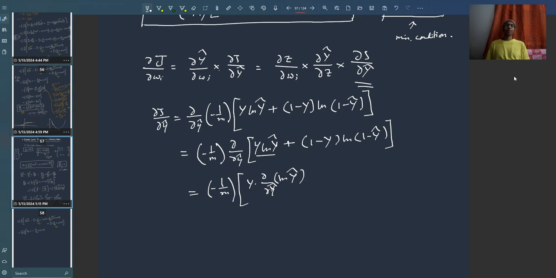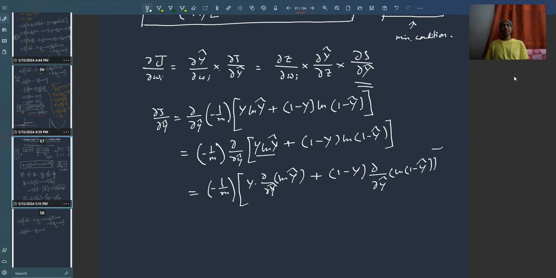The other expression becomes 0 because del y of del y hat is 0, plus 1 minus y del y hat of natural log of 1 minus y hat.